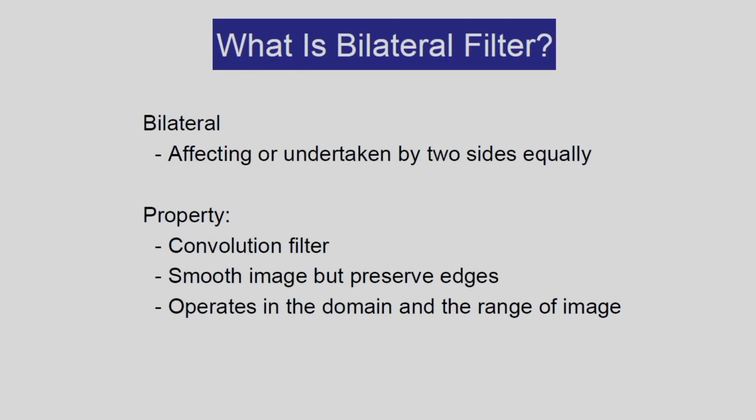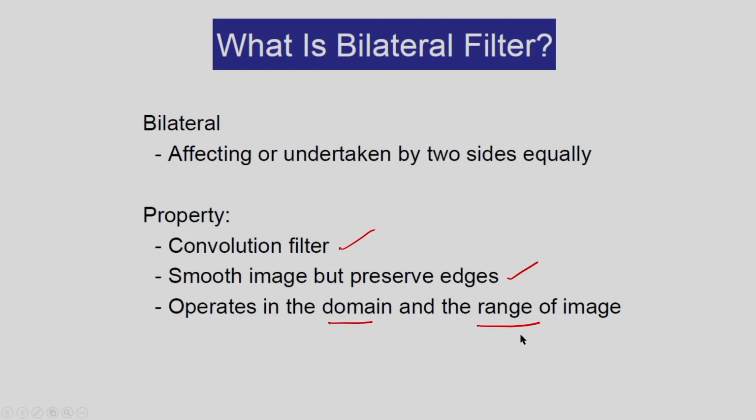And in this case the property is nothing but the convolution filter. I have to smooth images but preserve edges. So that means I am considering the edges, and also I am smoothing the image. I have to operate in the domain and the range.